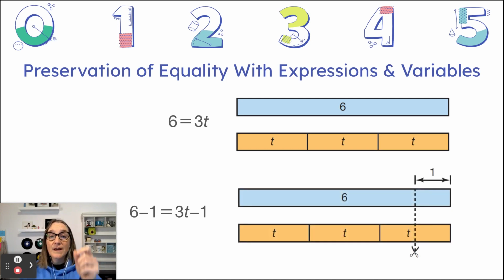In our model, we have a dotted line that represents where we would cut if we were going to remove or subtract 1. The 1 that we're subtracting is the same exact size as the 1 that we added before, which is 1/6 of the full blue 6 strip.